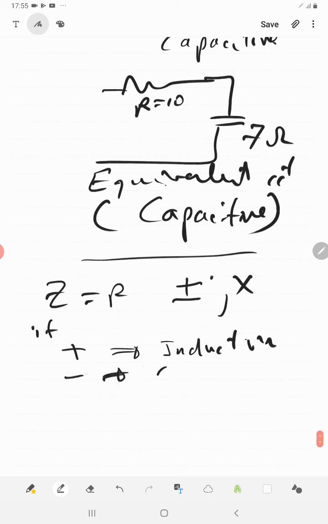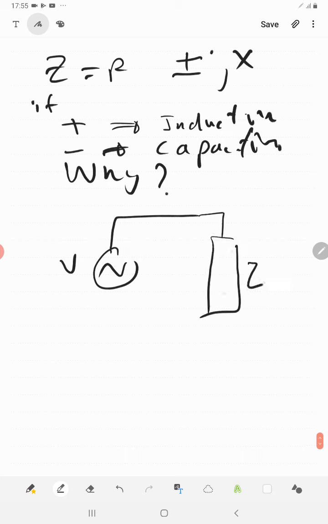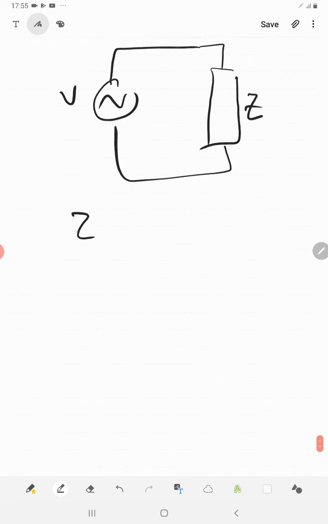Minus gives you capacitive. Why? Let me show you why. If you have a voltage source V and an impedance Z, usually we put it in a rectangle because we don't know whether the elements are resistance and inductance or resistance and capacitance.